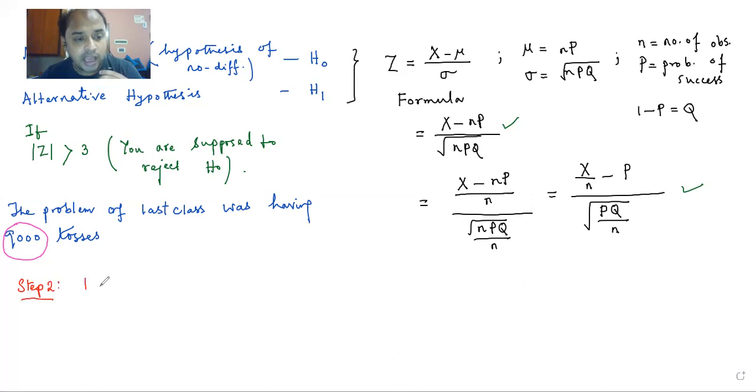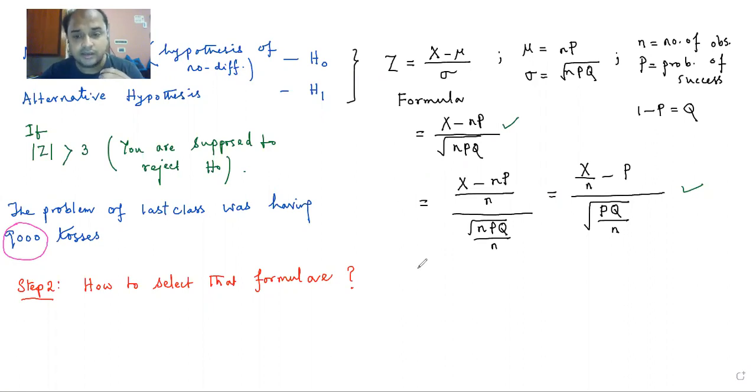The question is how to select that formula. That has not been discussed. Because in hypothesis testing, probably you are expecting there are many more formulae. The answer is yes, many formulas are there. But in this particular problem, we have used this particular formula because of a special reason.